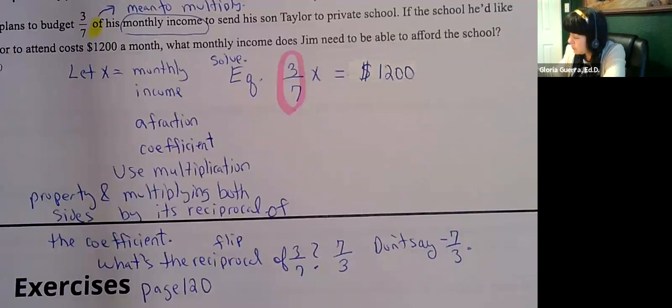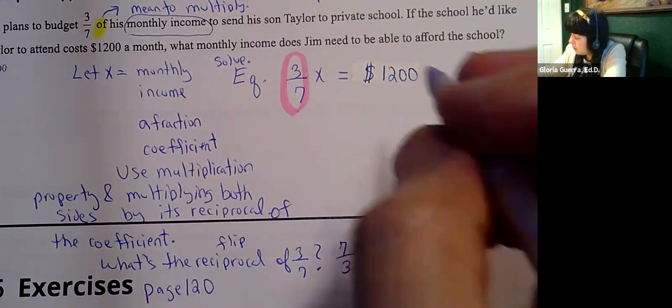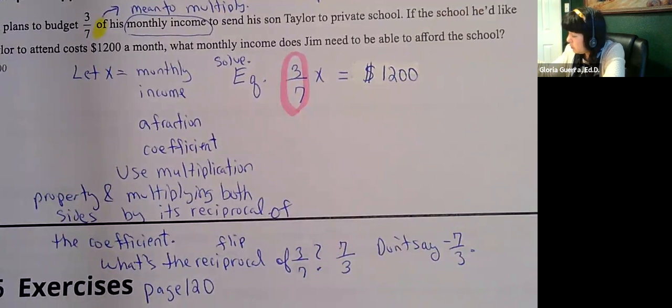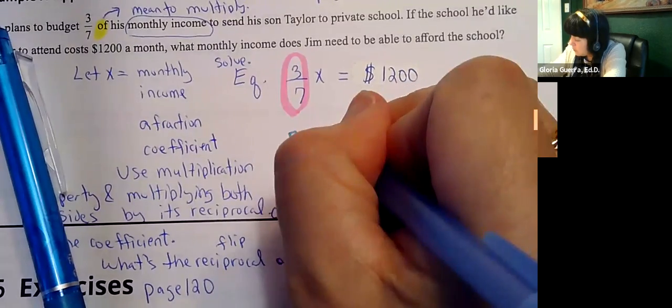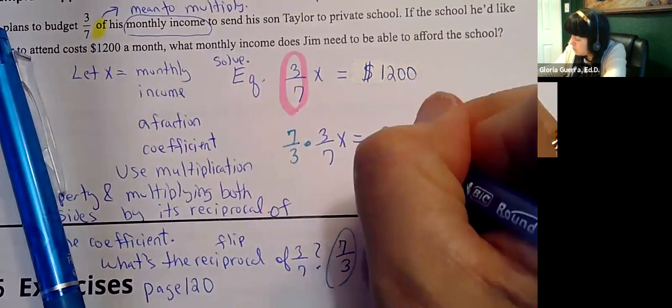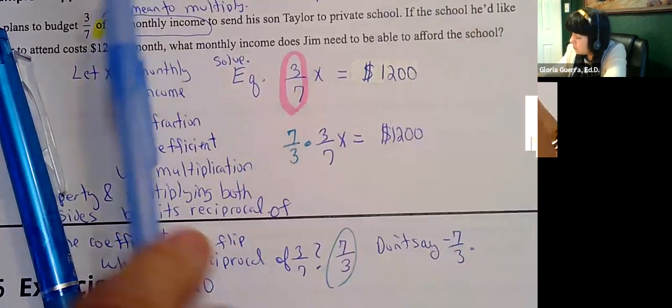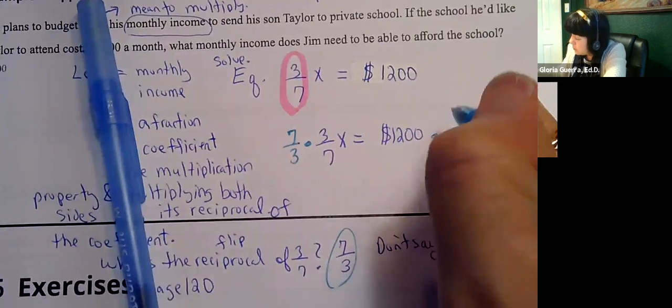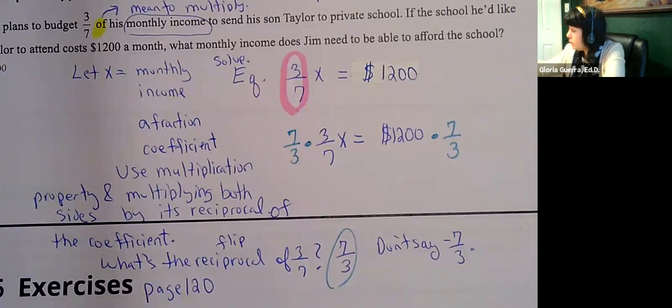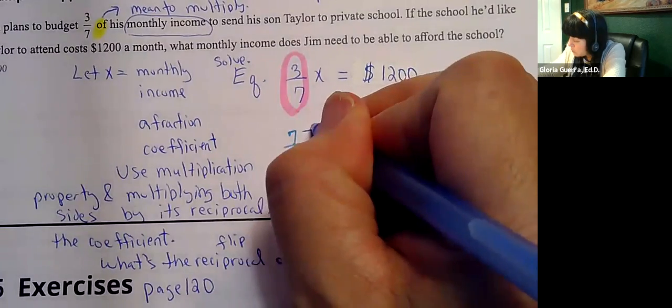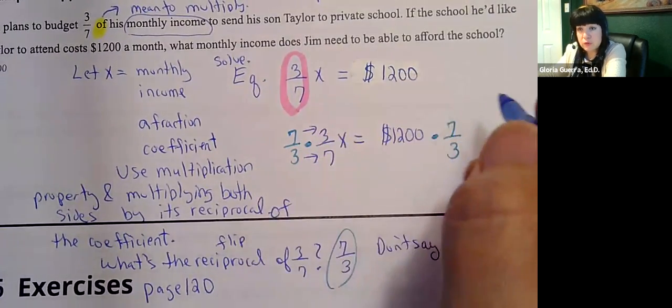So I'm going to show multiplying both sides, and I'll change my ink a little bit. I'm going to show in baby blue here, multiplying by 7/3. 7/3 times 3/7 equals 1200 times 7/3. Okay. And then when you multiply fractions, you multiply straight across. 7 times 1, 7, 14, 21.